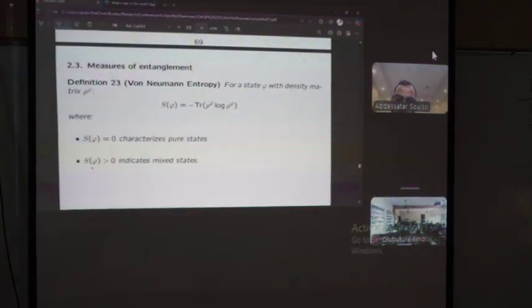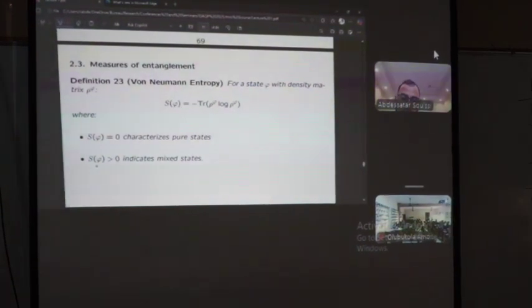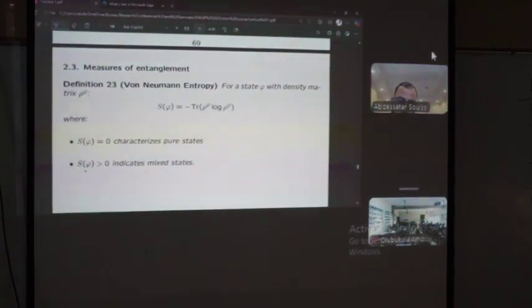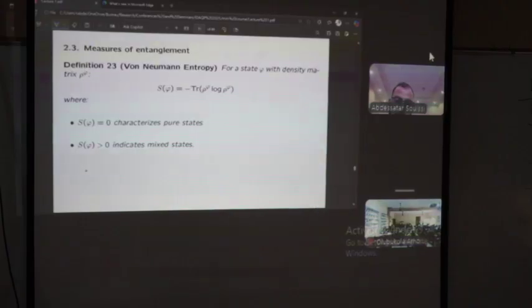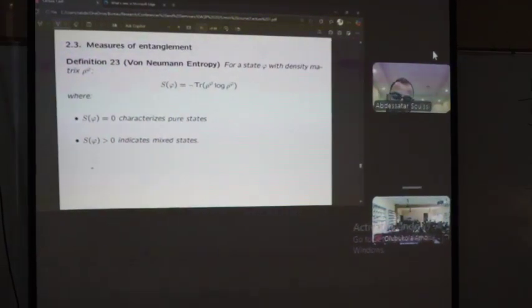The entropy is minus the trace of the density matrix rho pi times the log of rho pi. You can see that for the pure state, you remember what a pure state is?